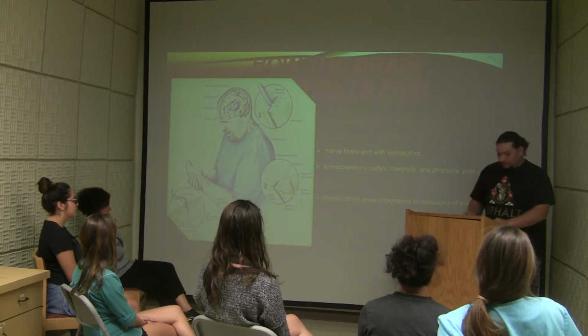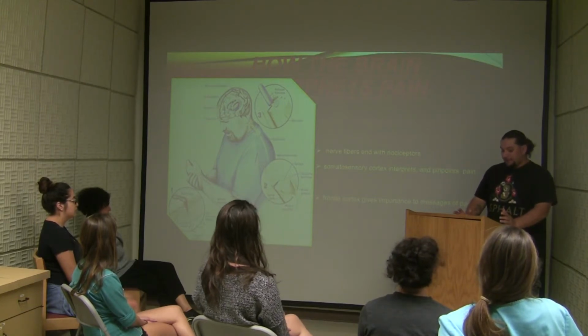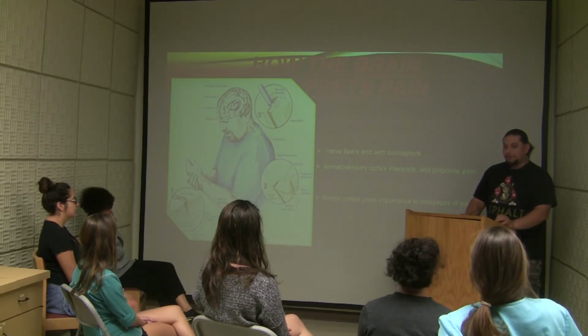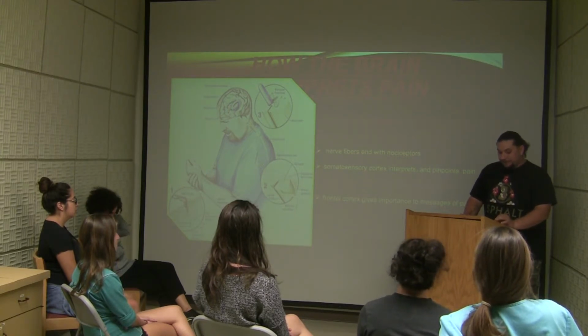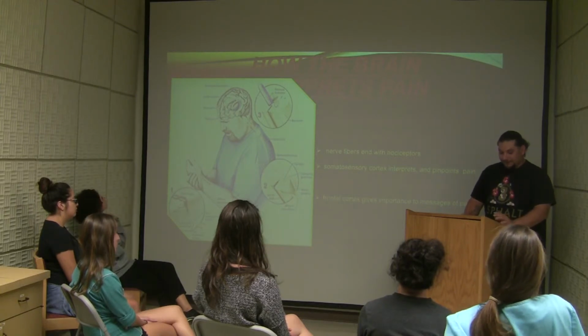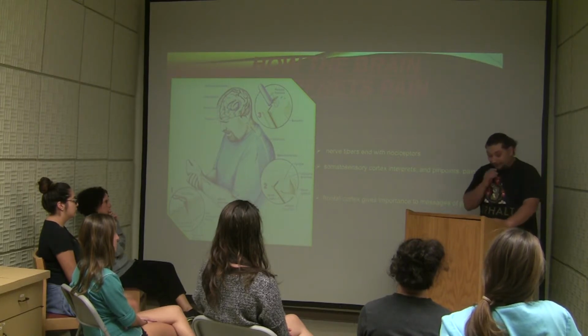So when these receptors identify a harmful stimulus, they send a message to your brain through electrical impulses from your spinal cord, and the message is relayed to the brain and received by three different parts of your brain at the same time. The first is the somatosensory cortex, which interprets and pinpoints the pain.